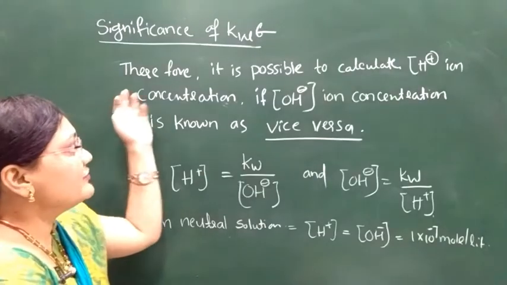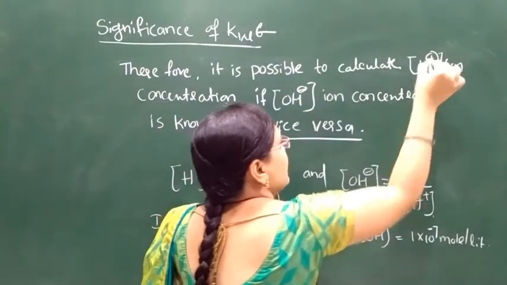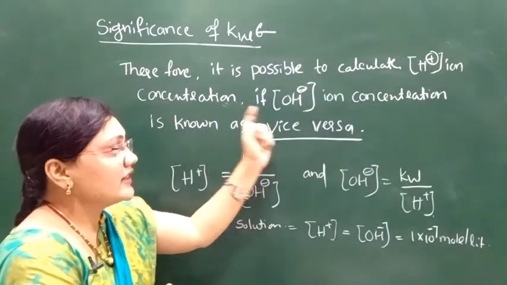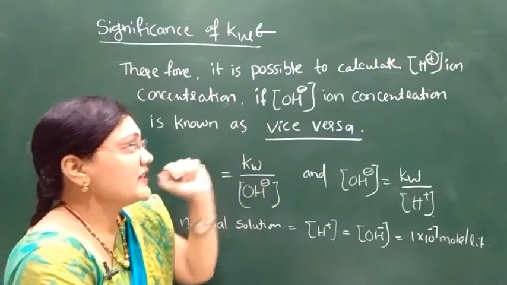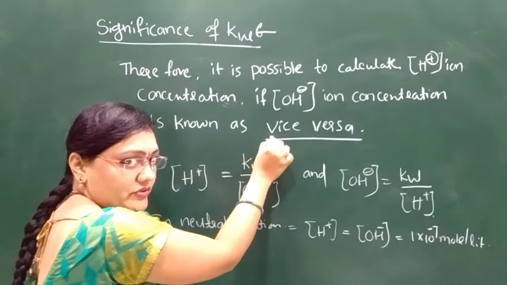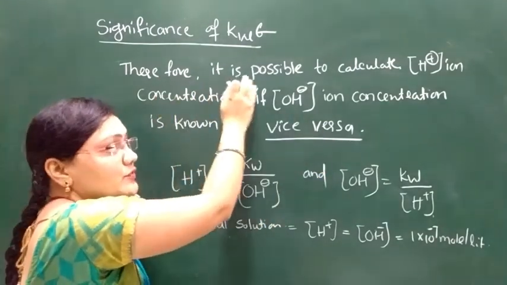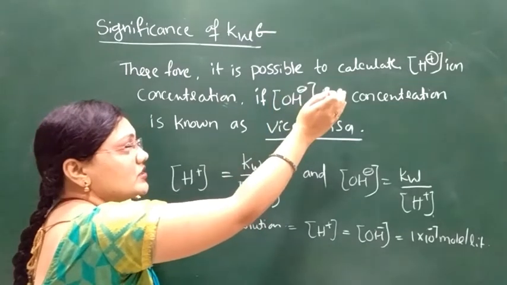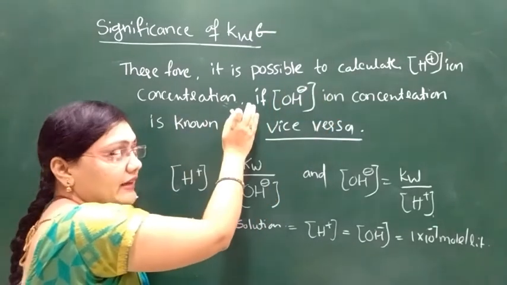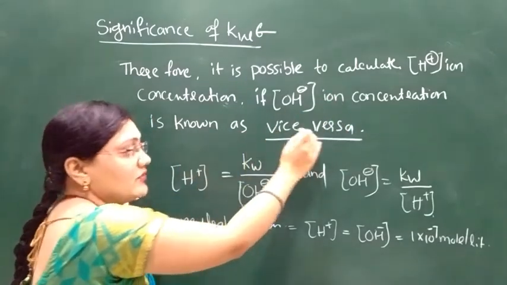Therefore, it is possible to calculate the concentration of H plus ions if the concentration of OH minus ions is known, and vice versa.